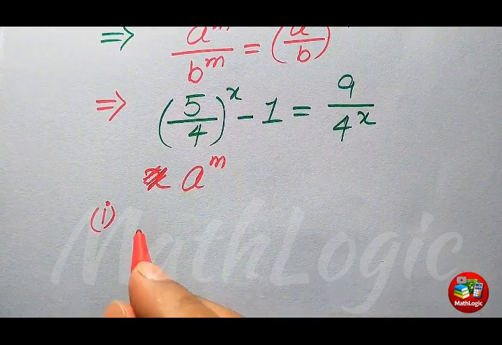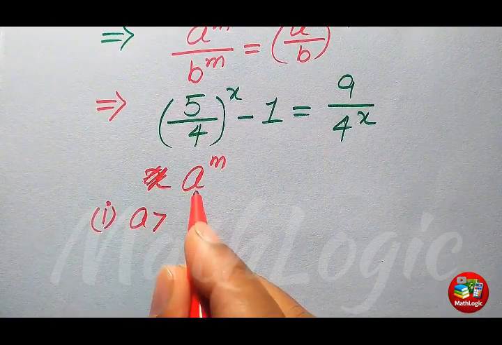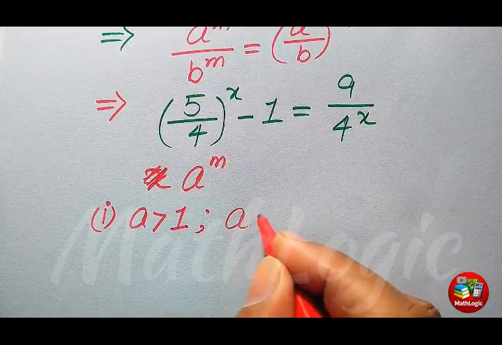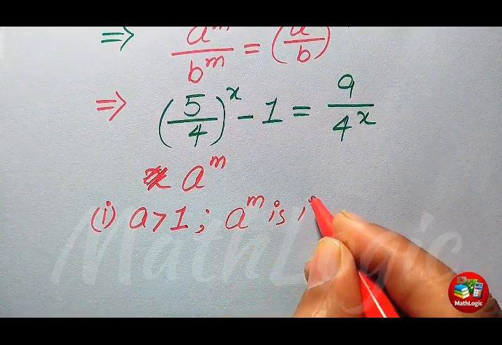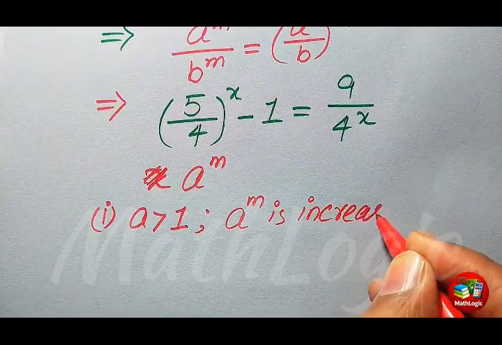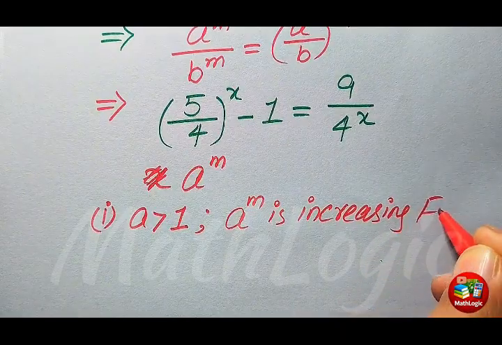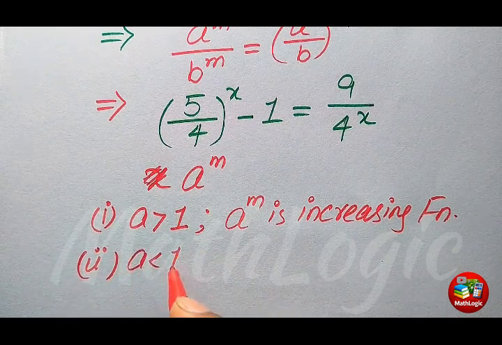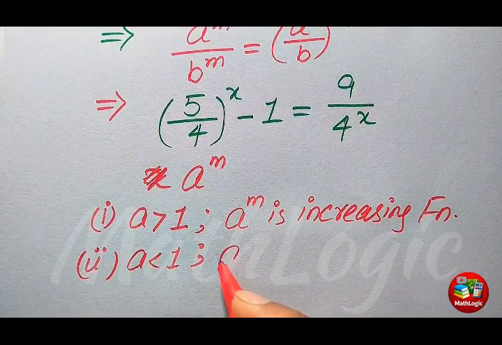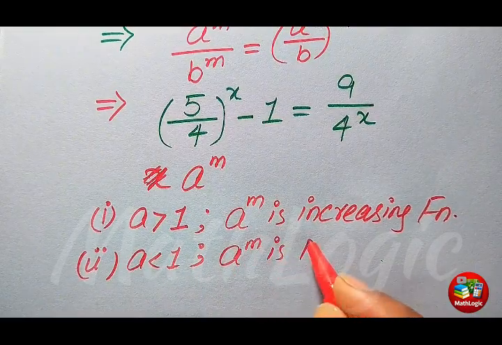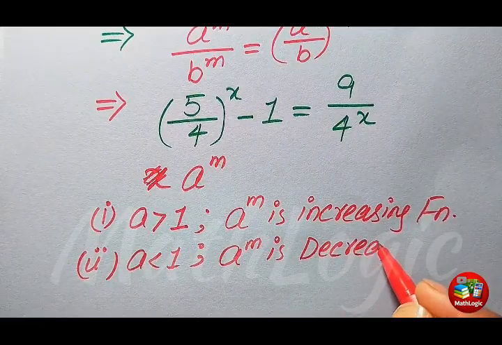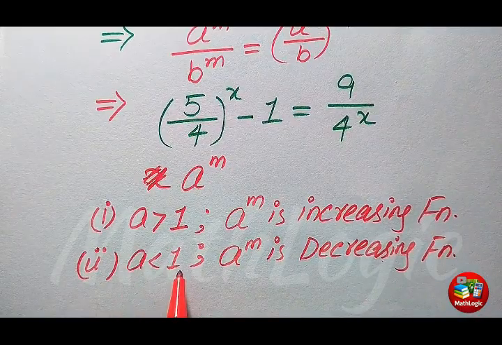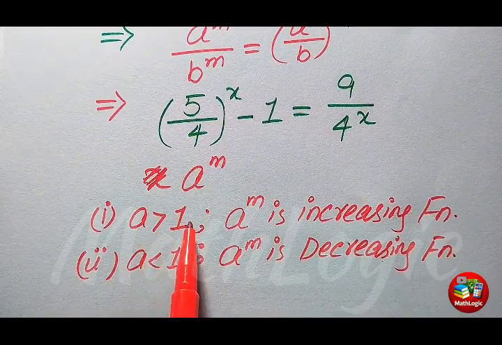Now, if you see the base of this term, if this base is greater than 1, then we say that the whole function a to the power of n is an increasing function. But if the base of this term is less than 1, then we say that a to the power of n is a decreasing function. So if our base is less than 1, then it is decreasing. If the base is greater than 1, then it is increasing.